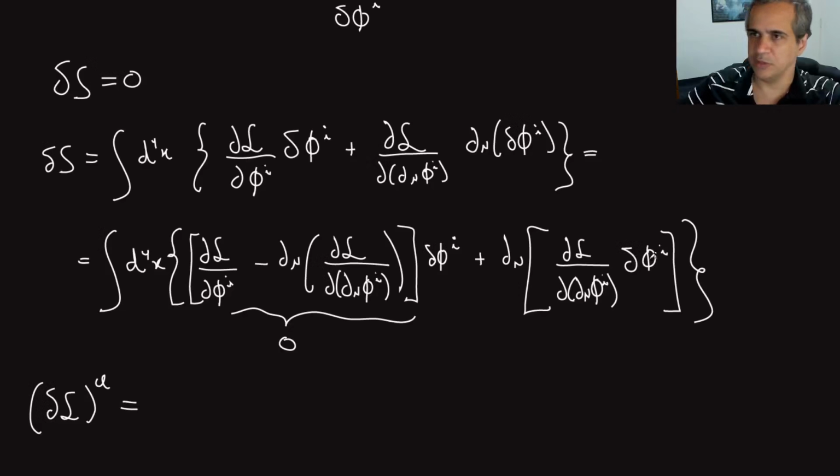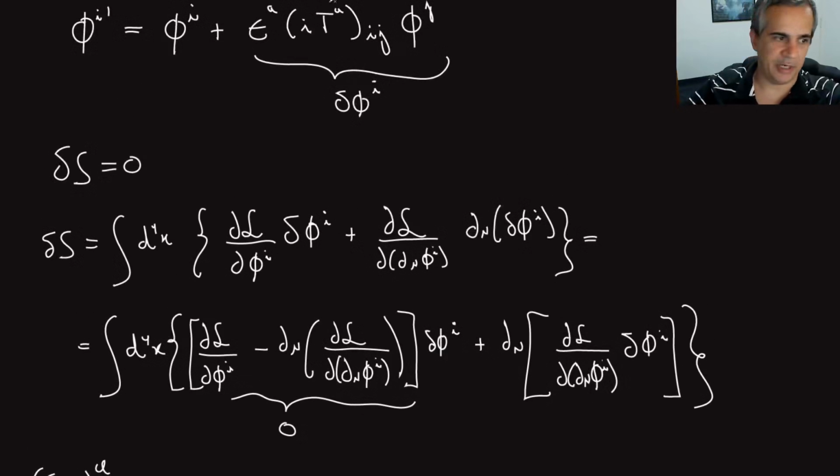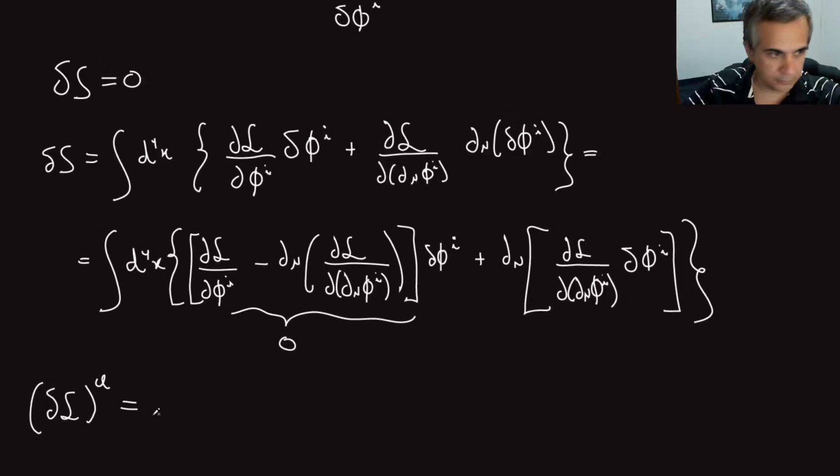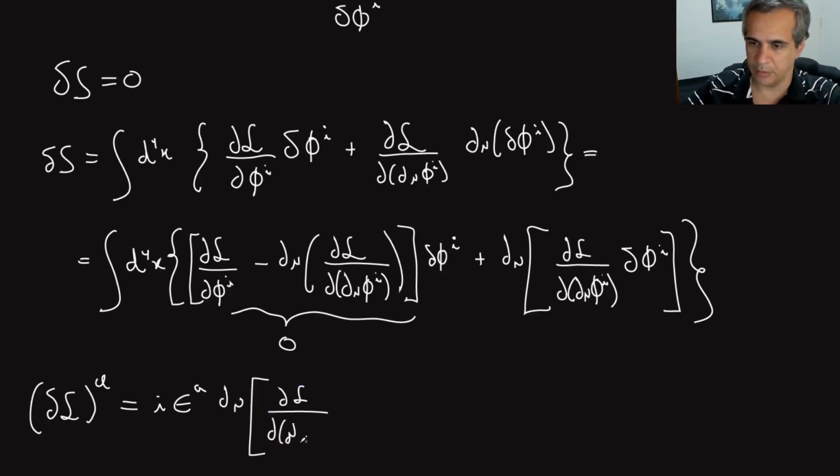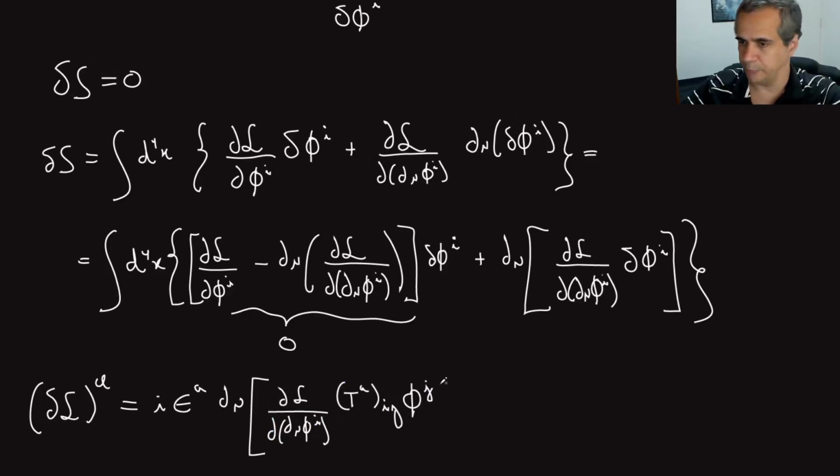and now I'll substitute delta phi I by this expression up here, right? So this is i epsilon A del mu of del L del del mu phi I, T A I J phi J, right?